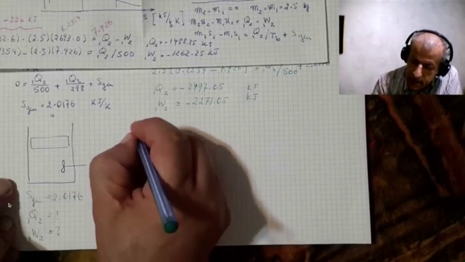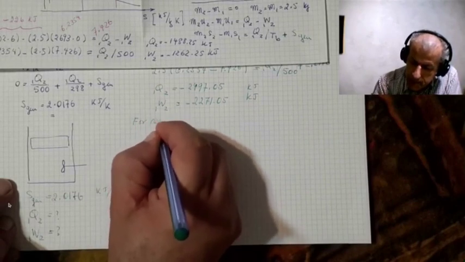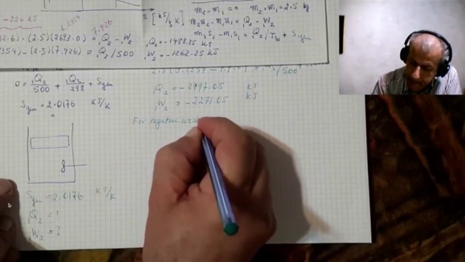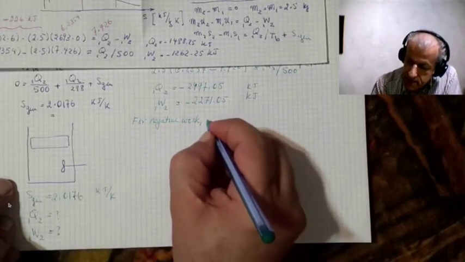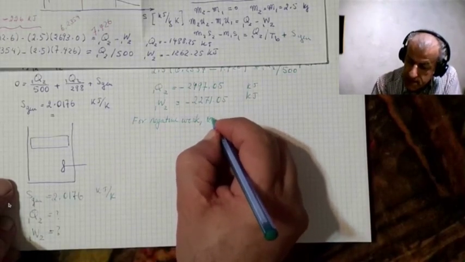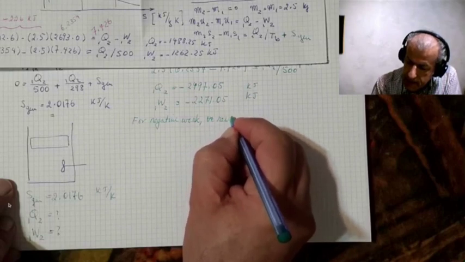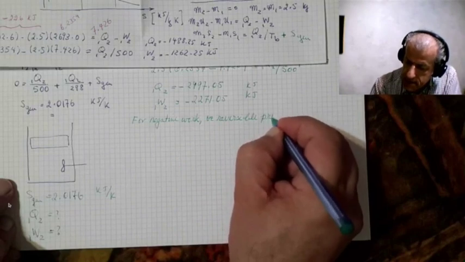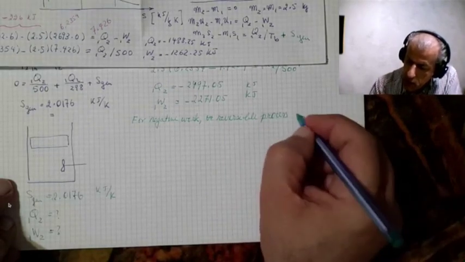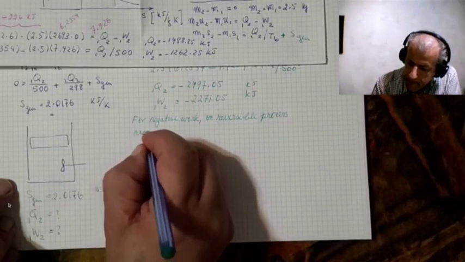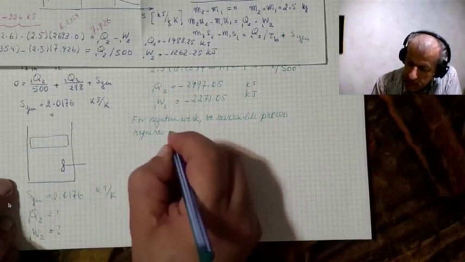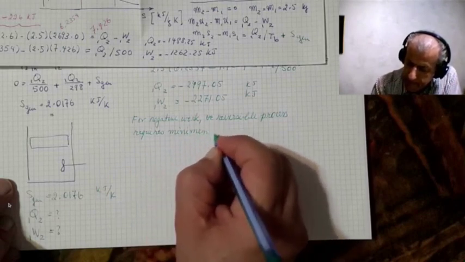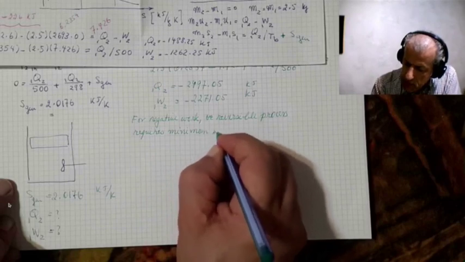So for negative work, reversible process requires minimum work.